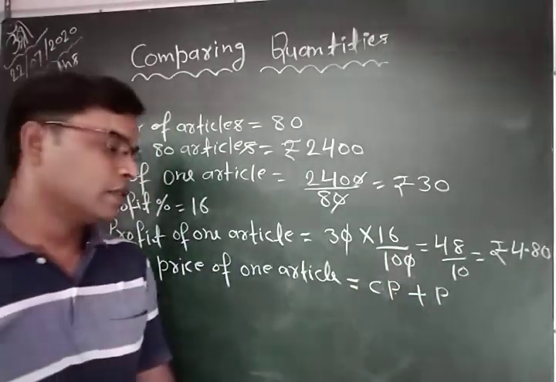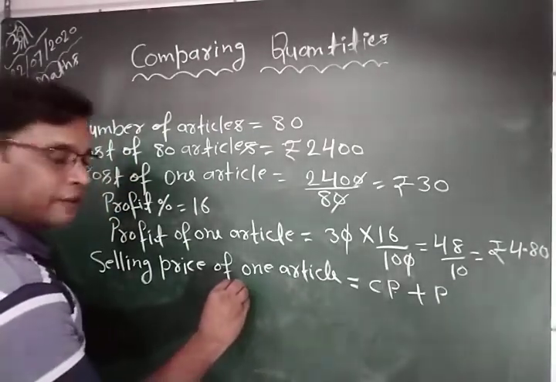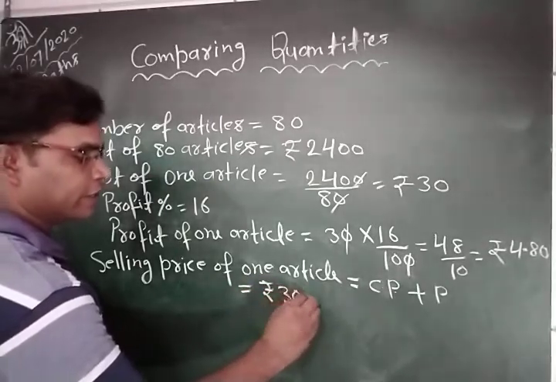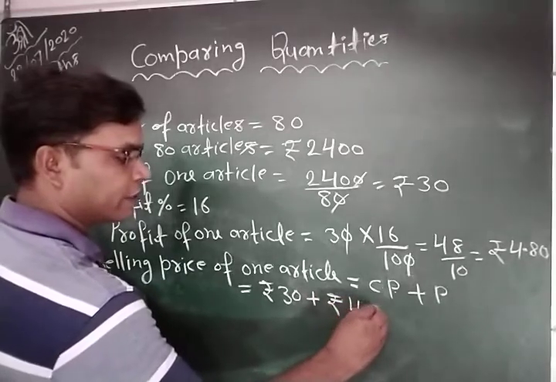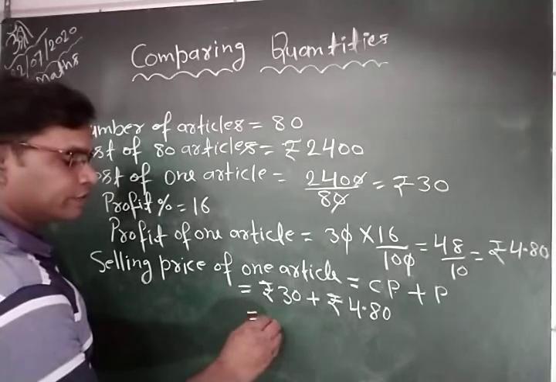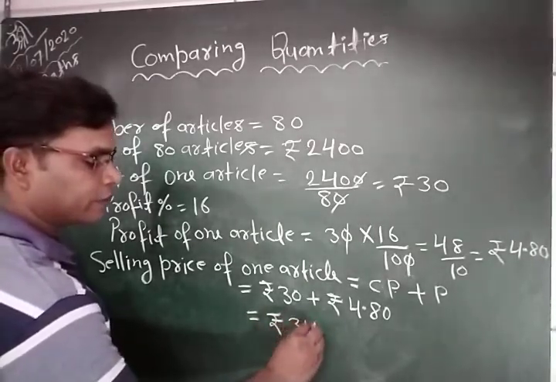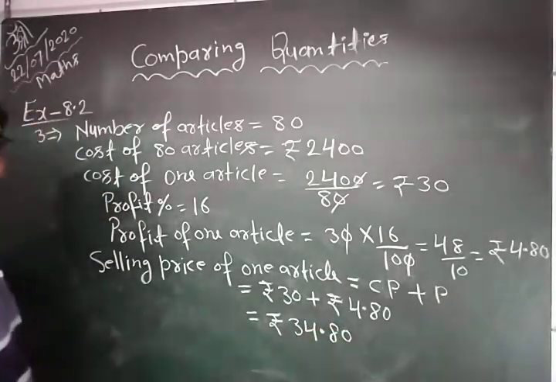So you can write here rupees 30 plus rupees 4.80. Clear? This is equal to rupees 34.80.